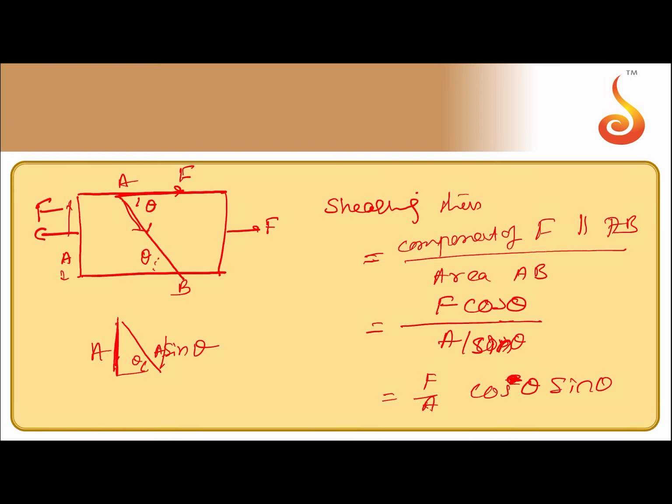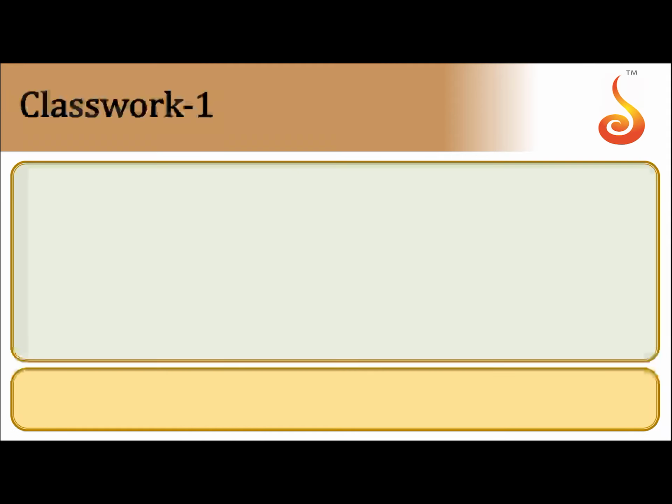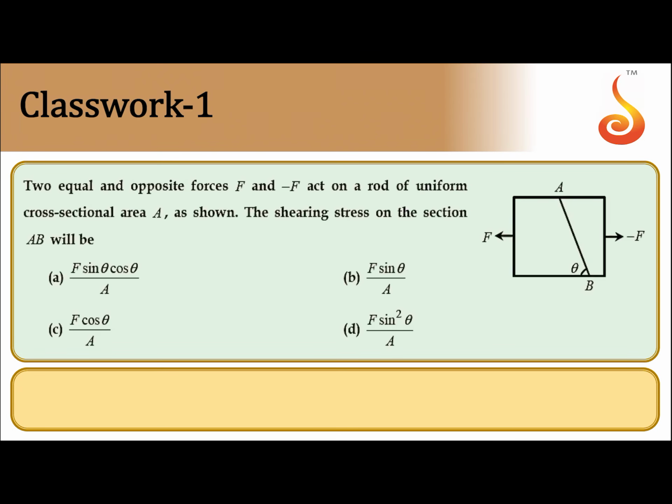So F divided by A into cos theta into sin theta. Thus the shearing stress is nothing but F divided by A into sin theta into cos theta. So which option does it correspond to? F divided by A sin theta into cos theta corresponds to option A.